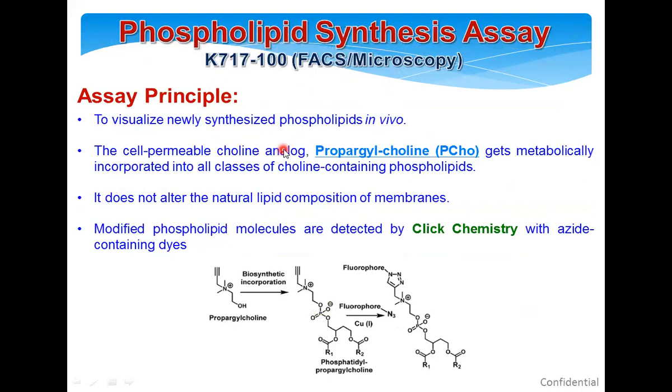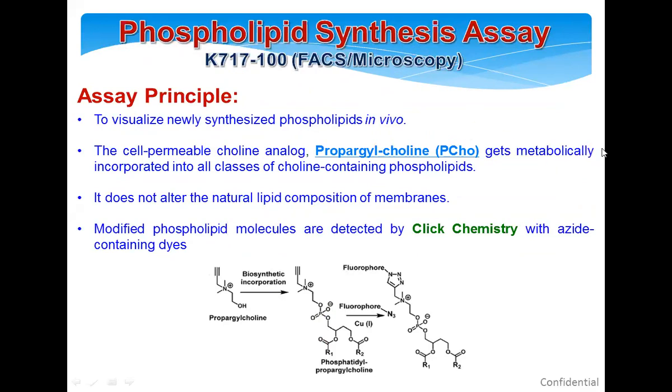What are we using here? As I mentioned before, since choline is one of the most abundant phospholipids present, we are using a cell permeable choline analog called propargylcholine, or PCHO.